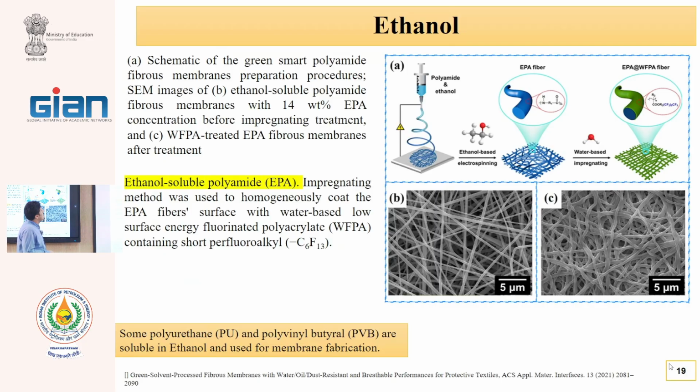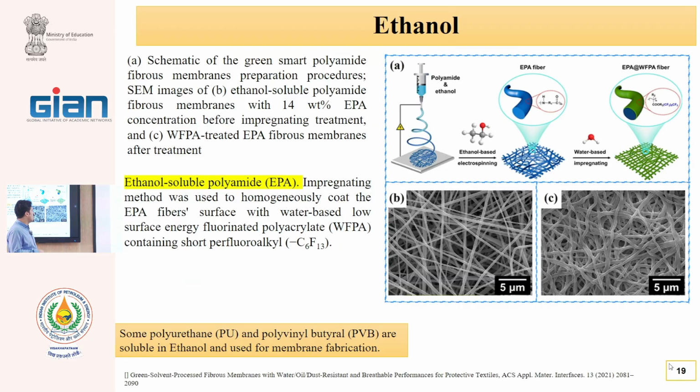Some examples. The famous bio-based solvent is ethanol. Ethanol is produced from sugar, and therefore it is very, very green with no problem of use. But ethanol, like water, is a polar and hydrophilic solvent and can only dissolve hydrophilic polymers.